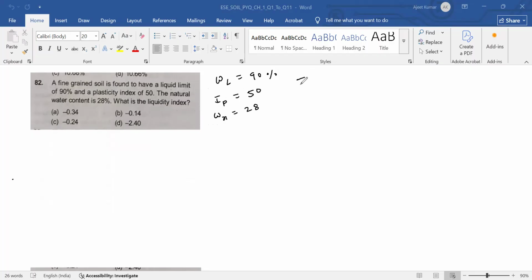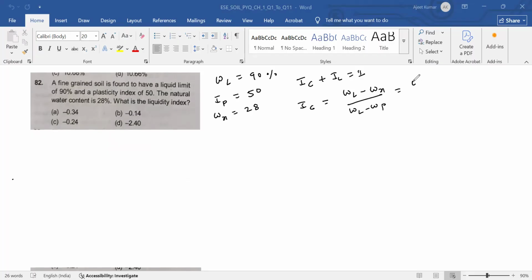So first we know that consistency index plus liquidity index is equal to 1. And what is consistency index? IC is equal to WL minus WN divided by WL minus WP.